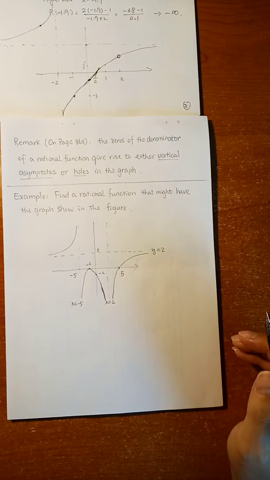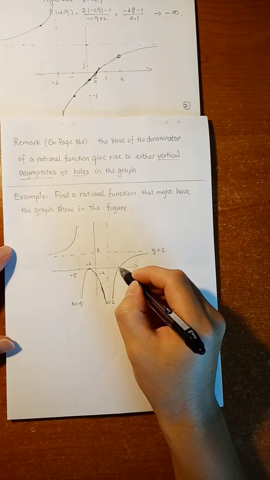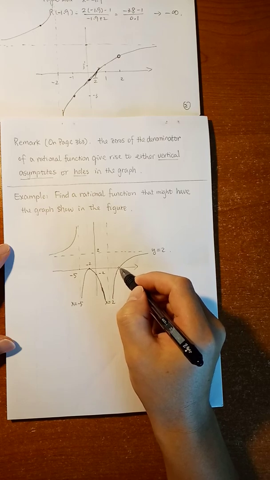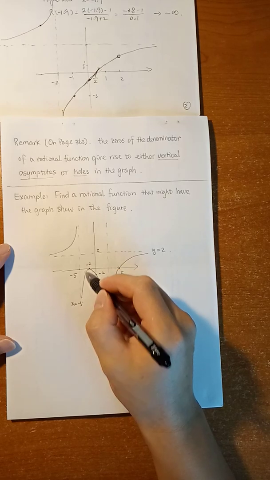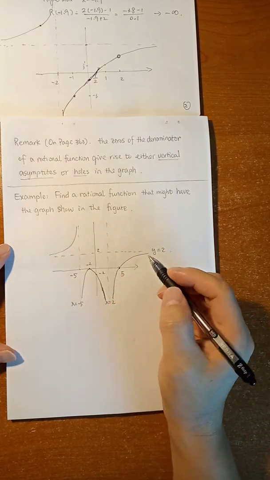How do we sketch it? How do we find the function? So first of all, there is an x-intercept, and the graph crosses it. There's a second x-intercept, and the graph touches it.